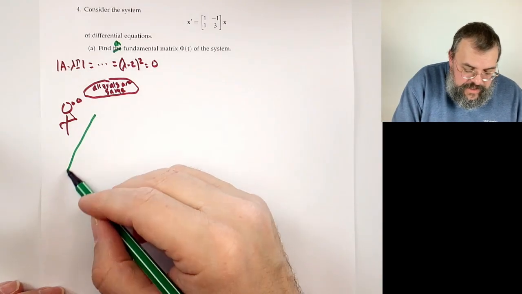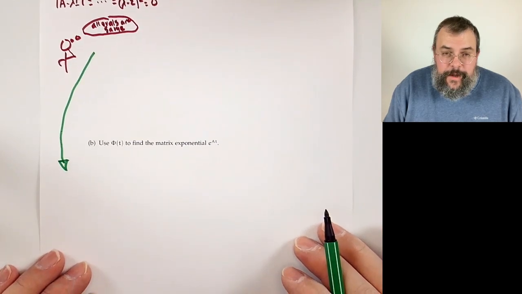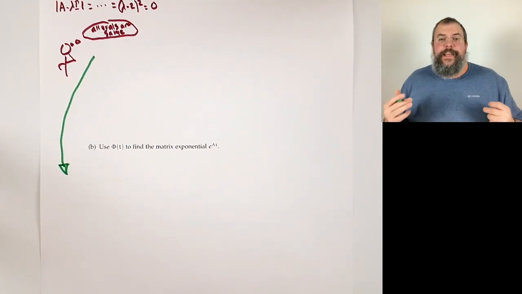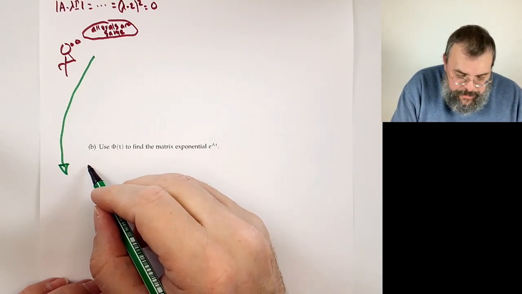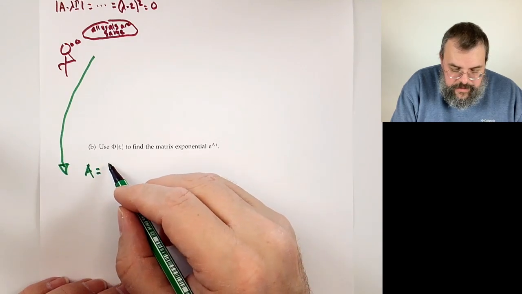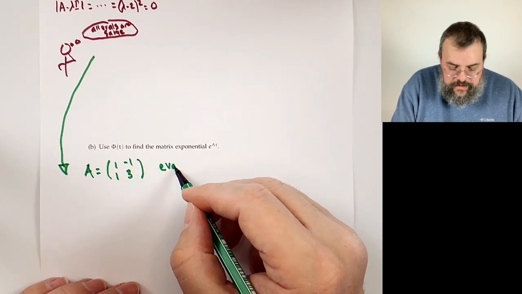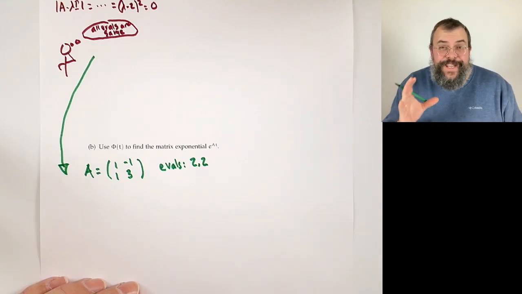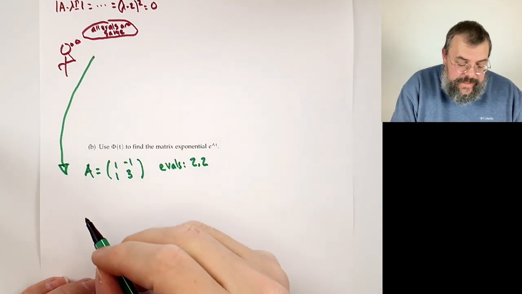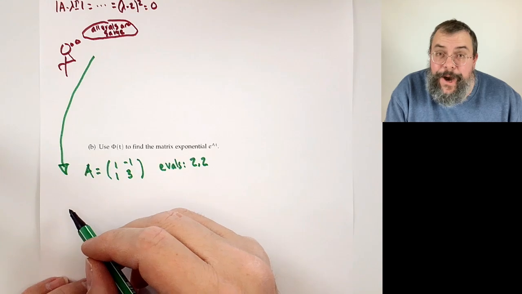So we're going to come down here right away and find e to the At, because that will work. You might say, what? How can we find e to the At faster than solving this system? Well, let's copy what we have. We have that A is equal to [1, -1; 1, 3], and our eigenvalues are both 2. There are actually two really cool facts, so let me write them both down.